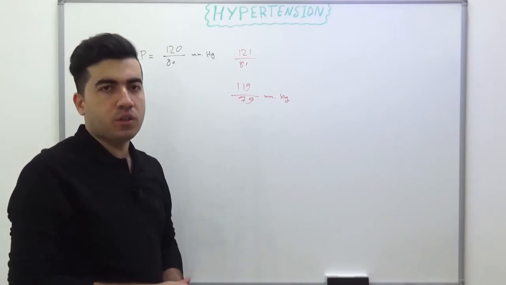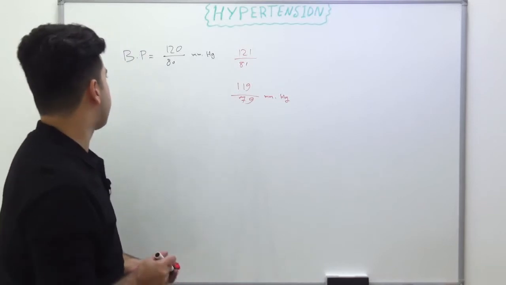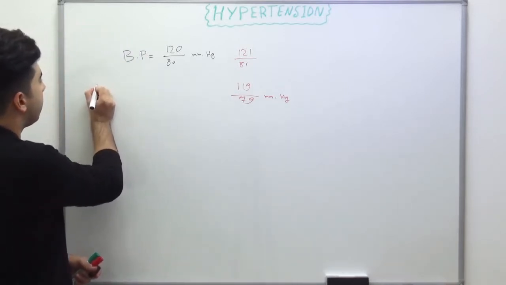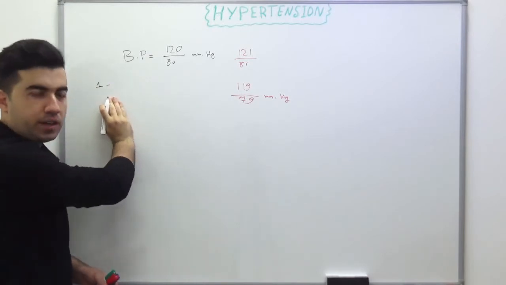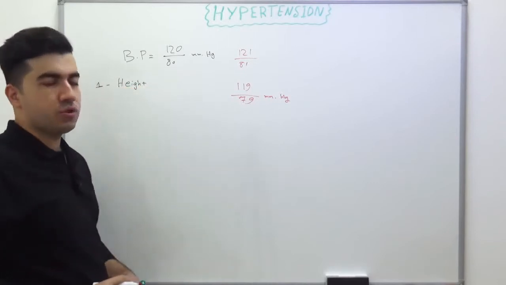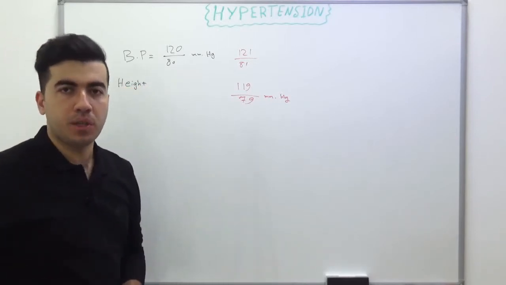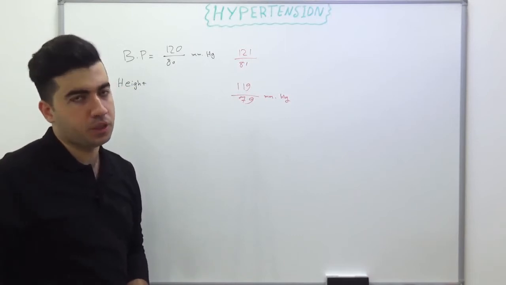We have many physiological variations for the blood pressure. For example, height. The first important physiological variation in blood pressure is height. Taller people usually have a higher blood pressure and shorter people have somewhat lower blood pressure.